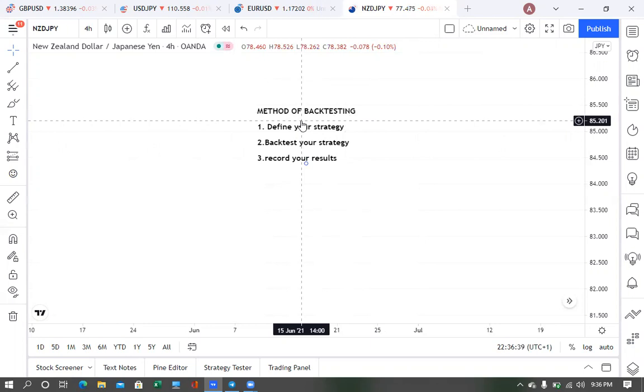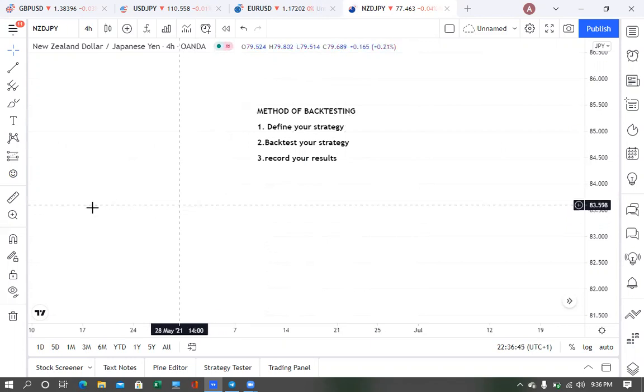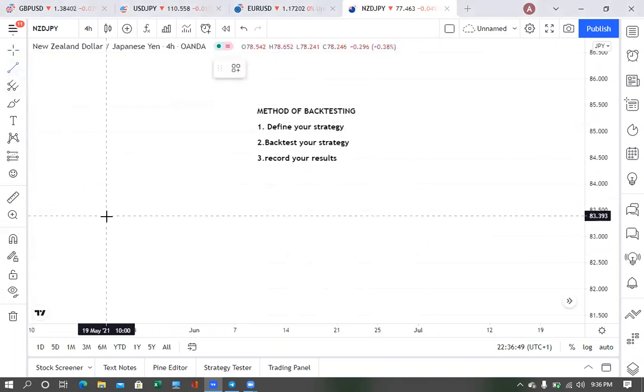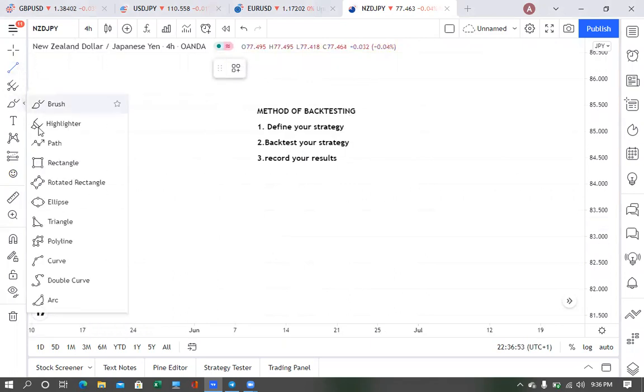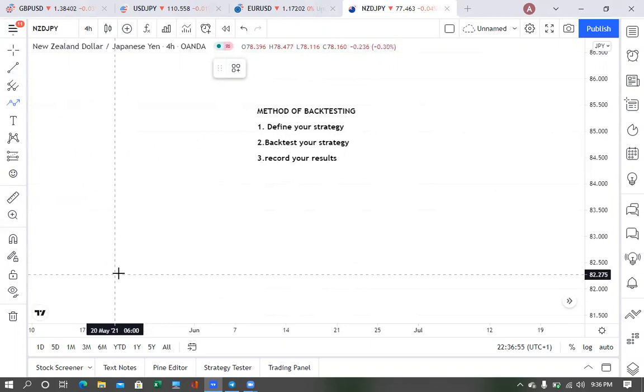And then the second one is backtest your strategy. This one has already defined itself. Backtest your strategy simply means that if you are using a break and retest strategy, then you need to backtest your strategy to see.